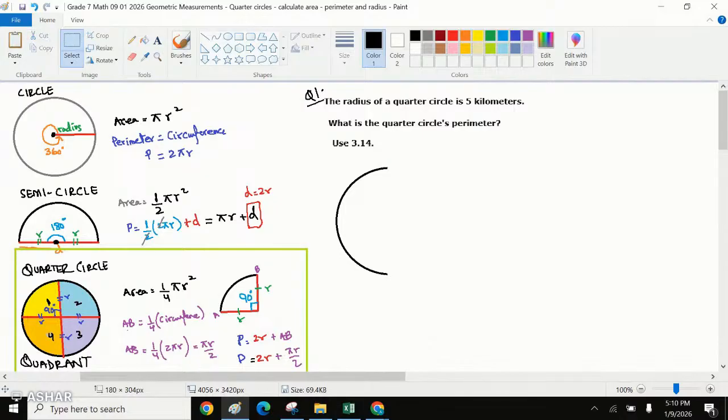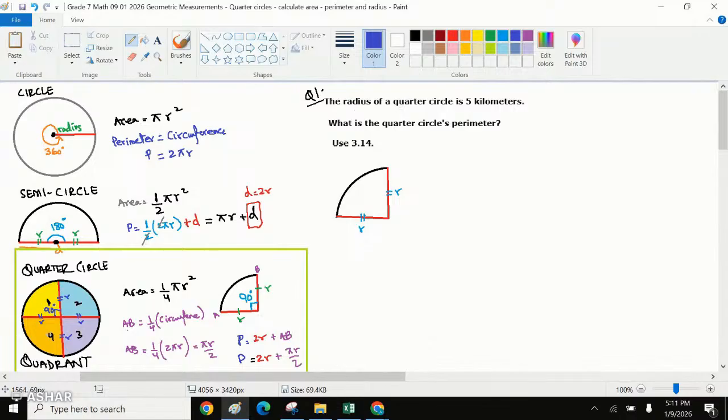In a quarter of a circle, these two sides are always the radius, so this length was radius and this length was radius. Agreed? And the curve part is the part of the circumference.